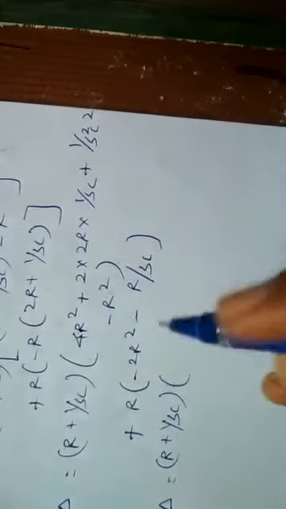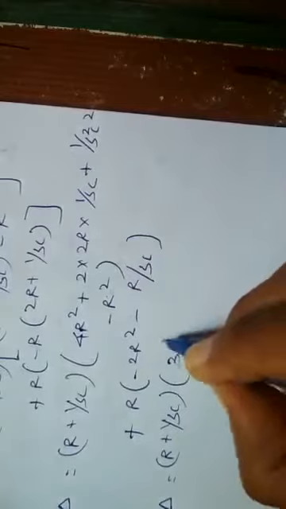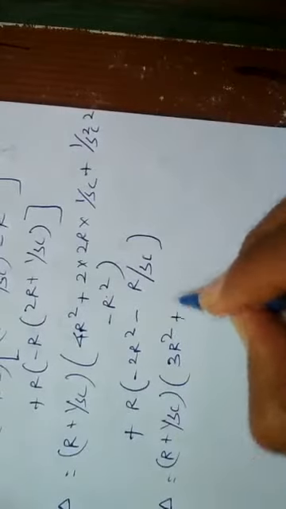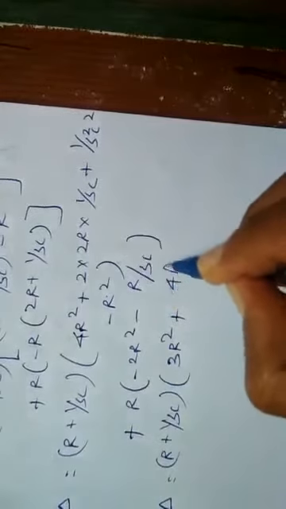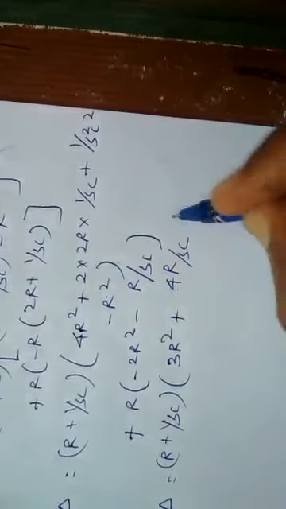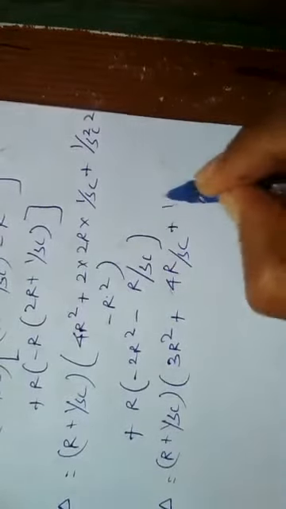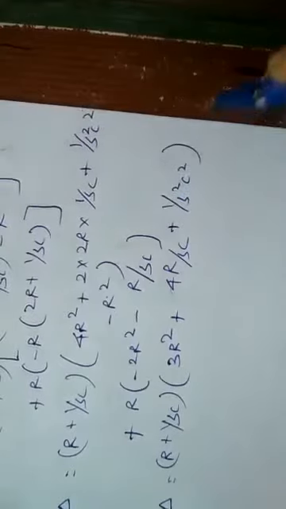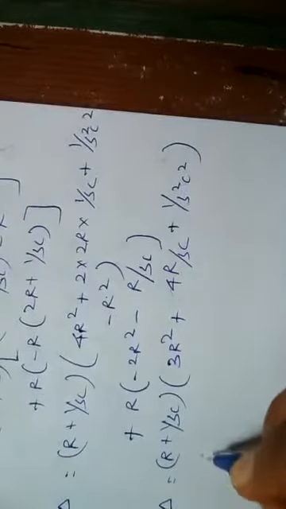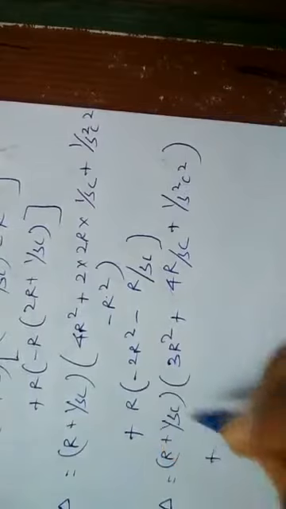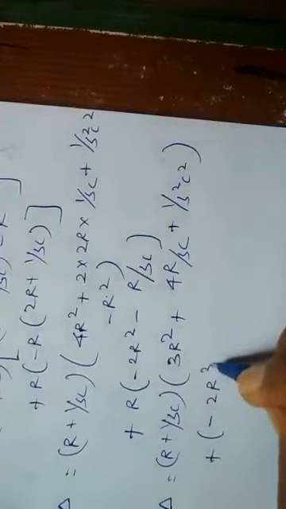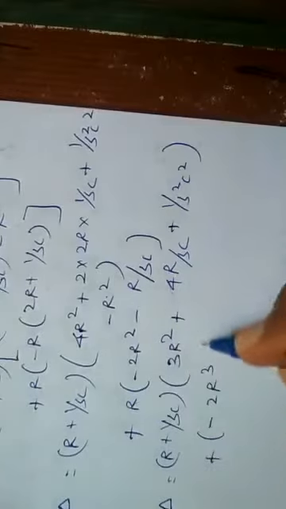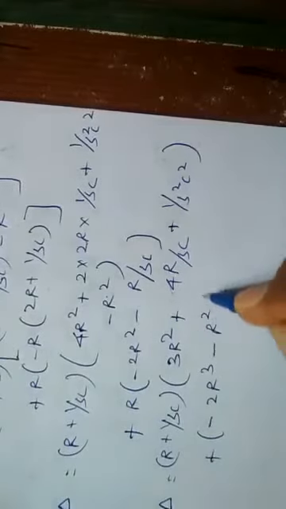So 4r squared minus r squared, we can convert this as 3r squared plus 2 into 2 into r into 1, so 4r by sc plus 1 by s squared c squared, here in the second term, plus r into minus 2r squared, that is minus 2r cube, then r into minus r by sc minus r squared by s into c.